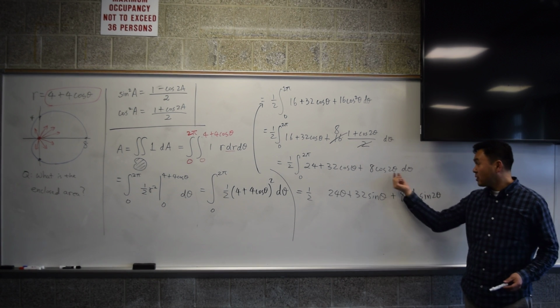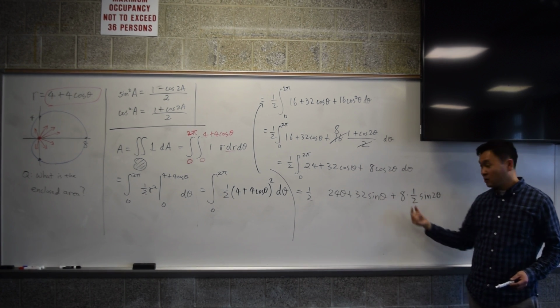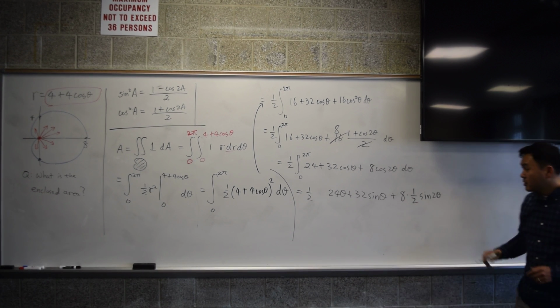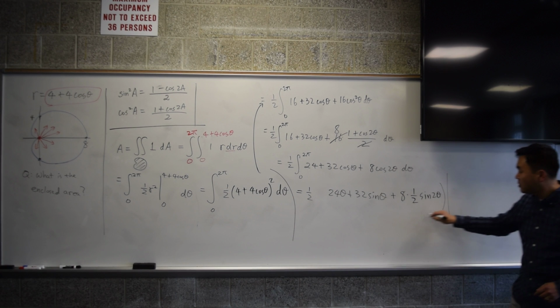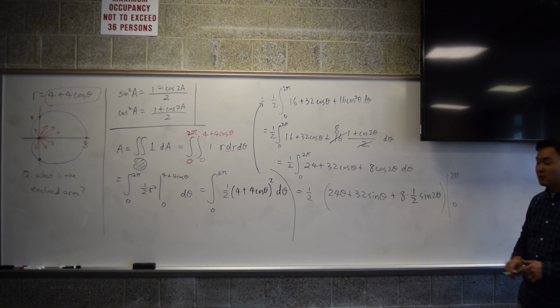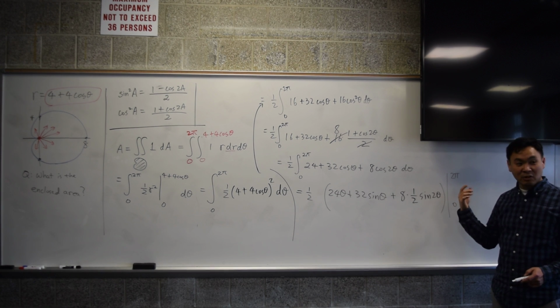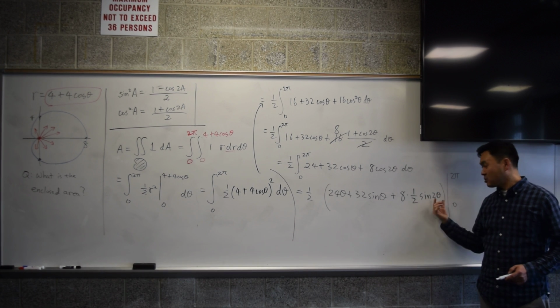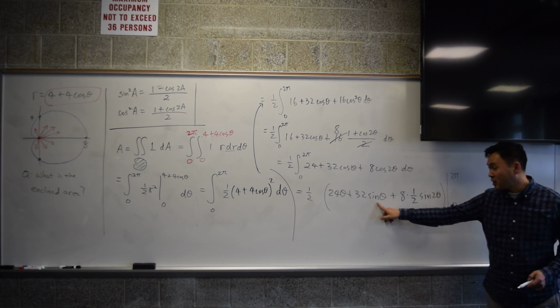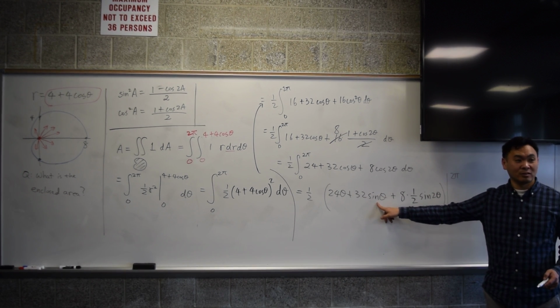So don't forget, if you have some number here, when you integrate, the reciprocal must appear here. And then you plug in 2 pi and 0. And luckily for us, when you plug in 2 pi into sine theta or sine 2 theta, what's sine 2 pi? 0.